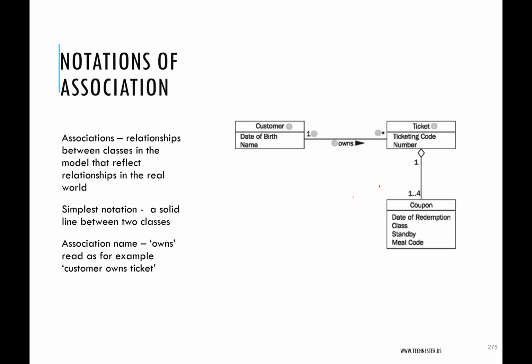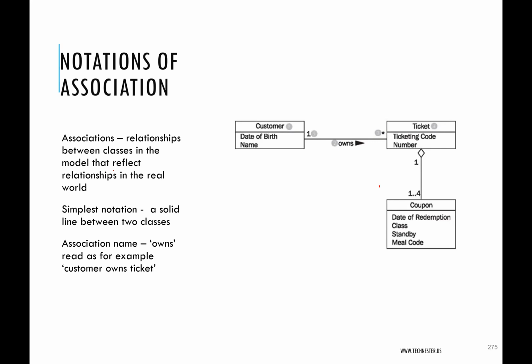So your association relationship reflects the way two classes relate in the real world. That's what it attempts to represent. You have two classes. How are they related in the real world? Your association relationship is good at representing that.